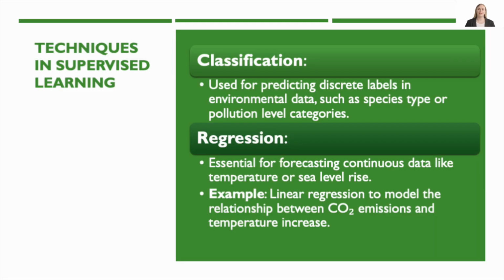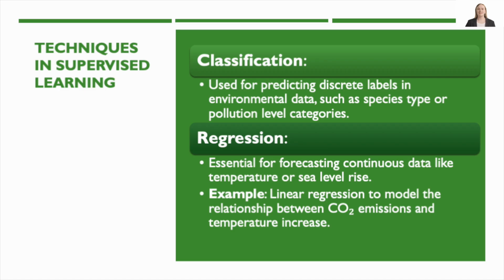Techniques in supervised learning. Let's break down these two key supervised learning techniques. Classification. This technique helps us predict discrete categories. For instance, we might classify areas by pollution levels, e.g. high, medium, or low, based on air quality data. Regression.